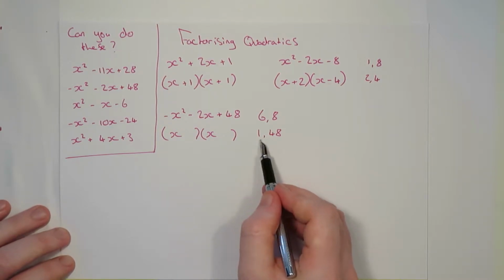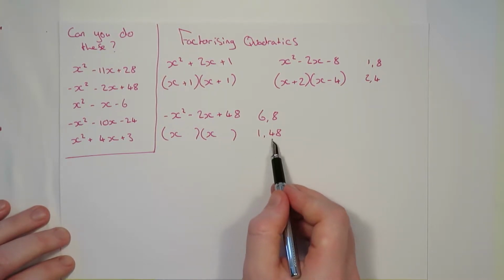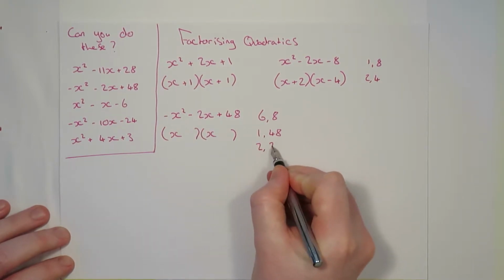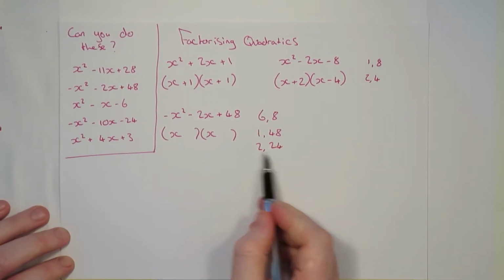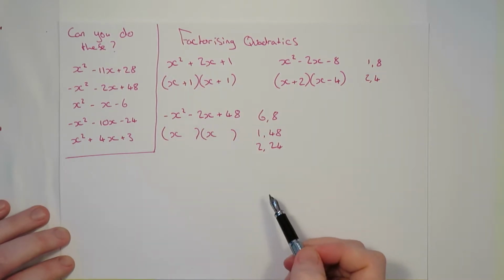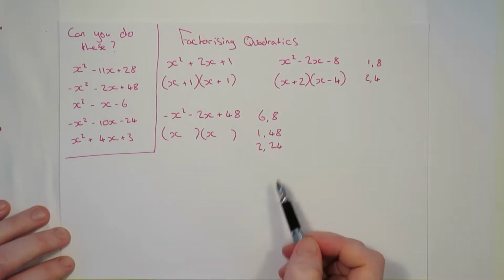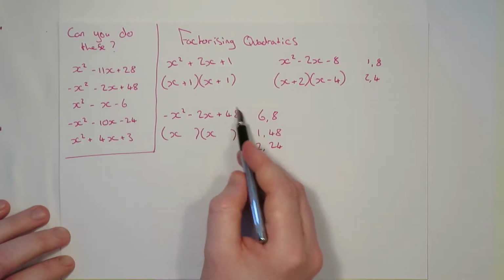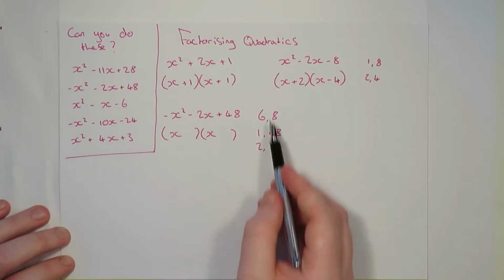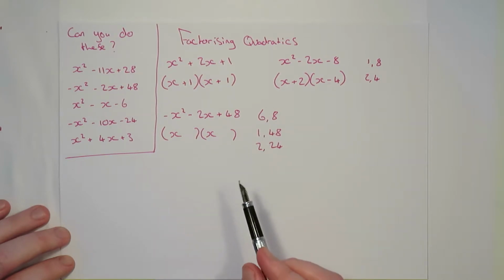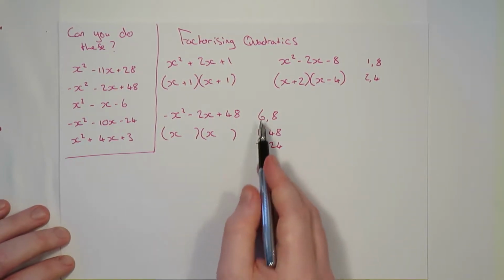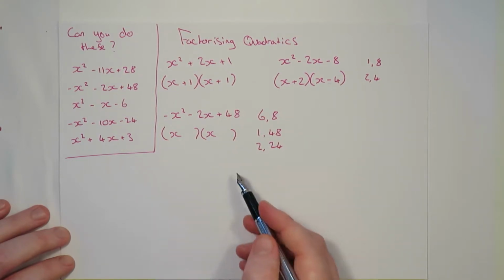There is no possible way here that you could add these or subtract them in such a way to get negative 2. The same for 2 and 24. There's no possible way there that you're going to get them to add or subtract together to give minus 2. So when this number is significantly larger than this one, you're looking for numbers that are quite close together. So that should help you find the correct factors a little bit more easily.